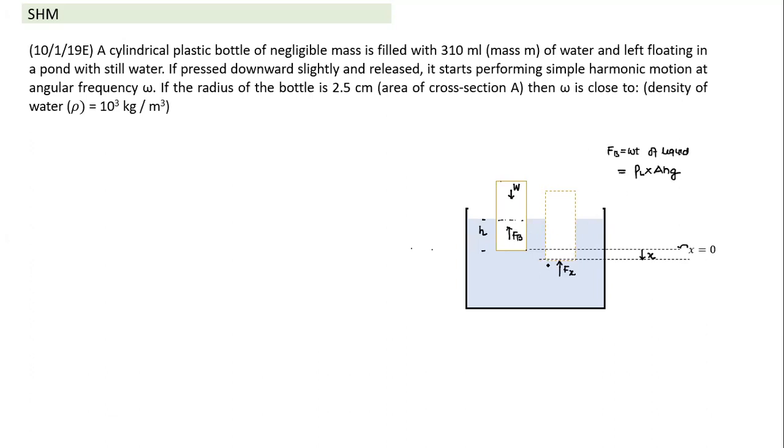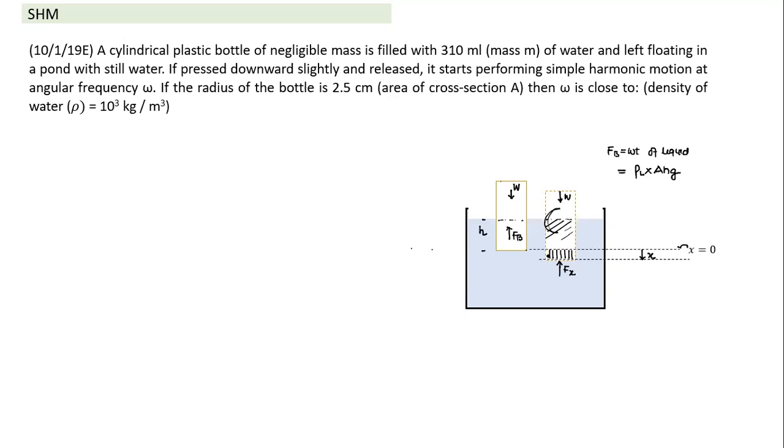Now, if I press it down, the weight has no change. The force of buoyancy has two parts: this part was already acting, and now it has displaced an extra quantity of water. This and this will cancel out each other.